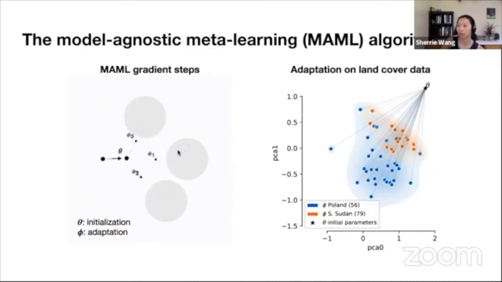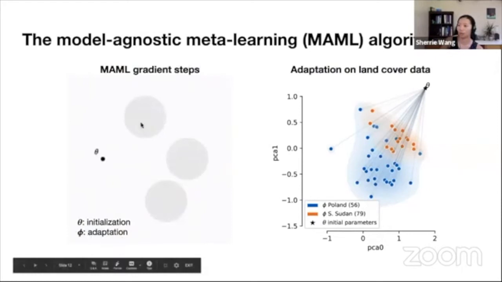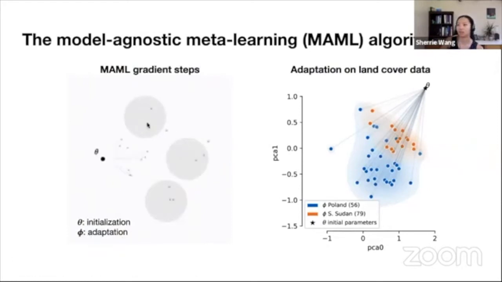So here I'm showing 3 tasks in this loss landscape. And for each task, you sample a set of data points, and then you use gradient descent to adapt the model theta to each task, which we're denoting with the phi's here. So phi 1 is the adapted model for task 1, phi 2 is the adapted model for task 2, and so on.